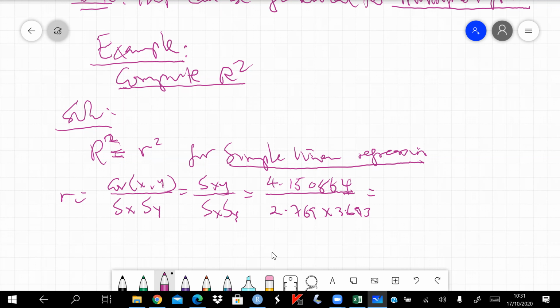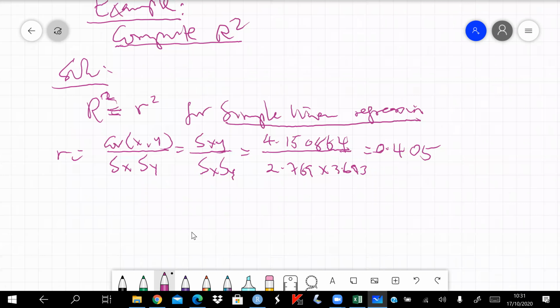What is the value of R that we get from here? So the value of R is 0.405. So that's your R. Our capital R squared is the same as small letter r squared. So we take that value, we square it. So 0.405 etc times 0.405.